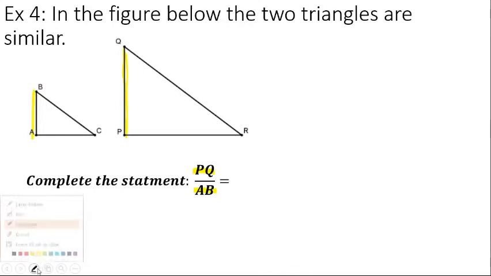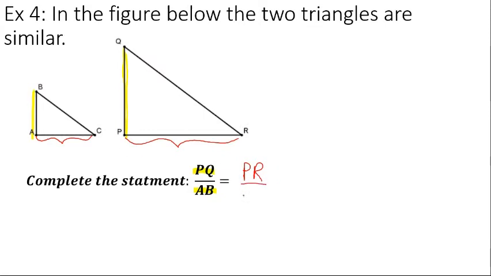So we start off with the next one. So let's start off with, say, AC and PR go together. So what I put on top is, because I have PQ on top, I put PR on top, AC on the bottom.